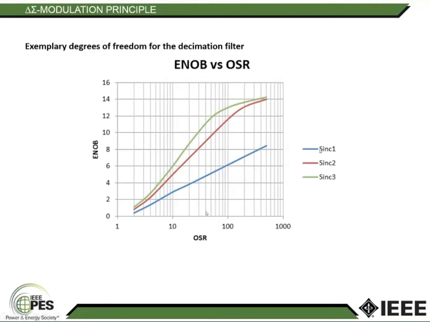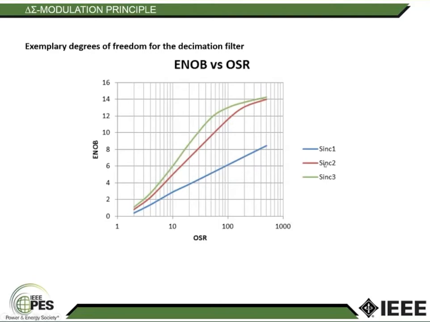Now, if you look at a sinc 1 filter, a first-order sinc filter, and we take our example with the oversampling rate of 128, which would be roughly here, where my mouse is, you would get an ENOB of roughly 8 bits. Means like the other 8 bits of your 16-bit signal would be noise, more or less.